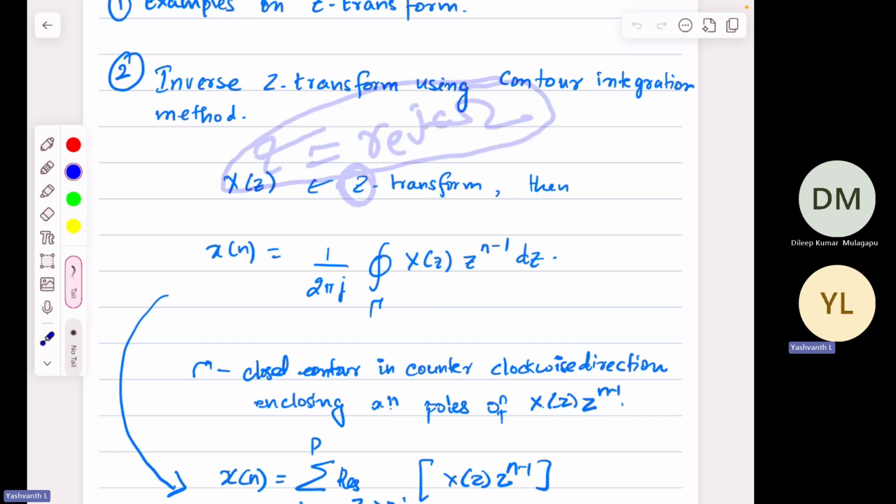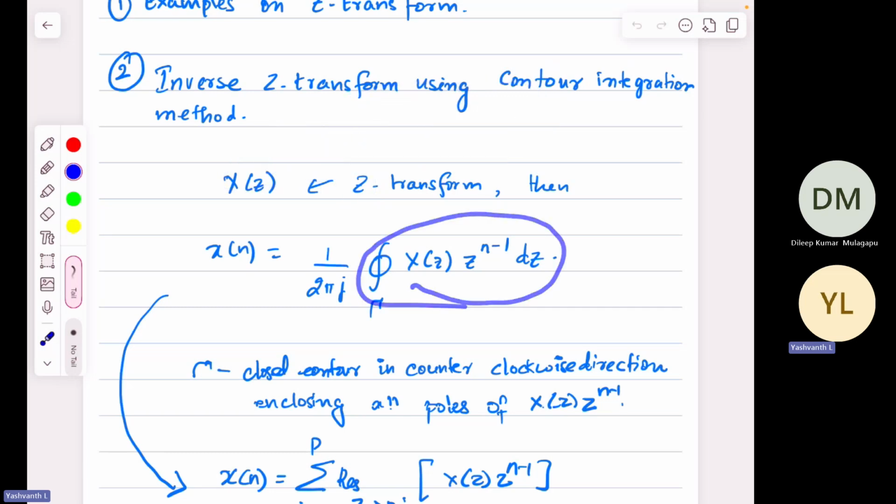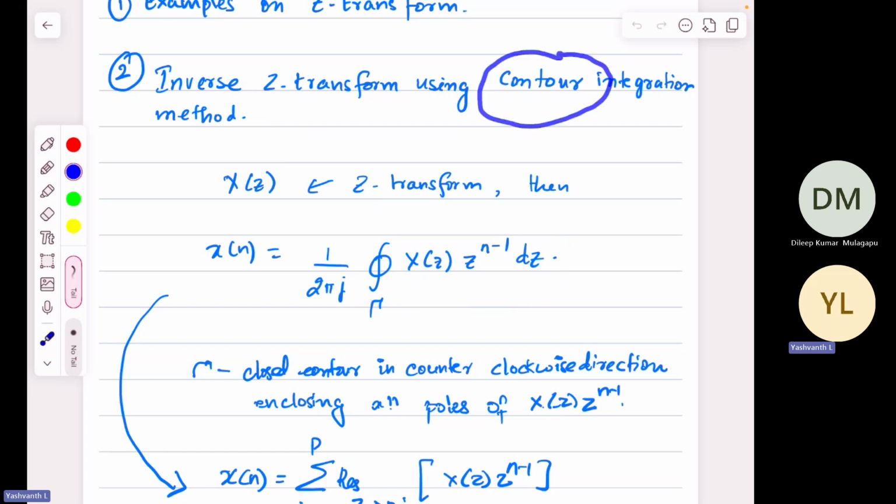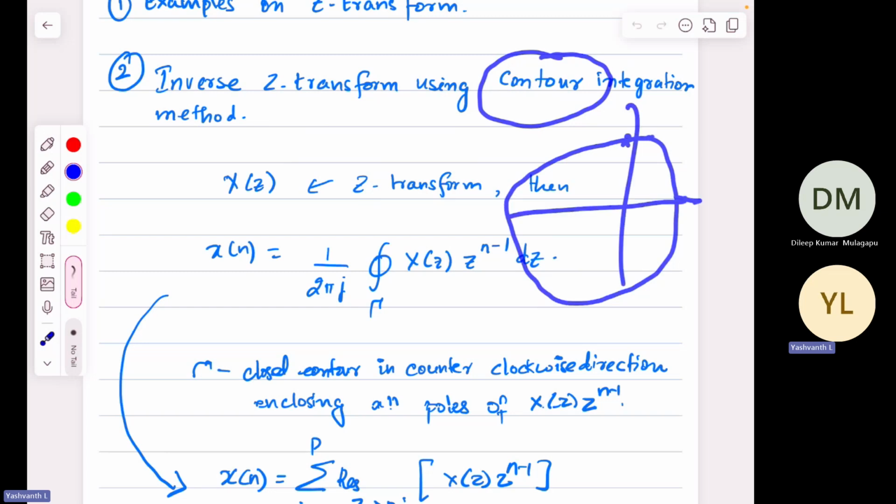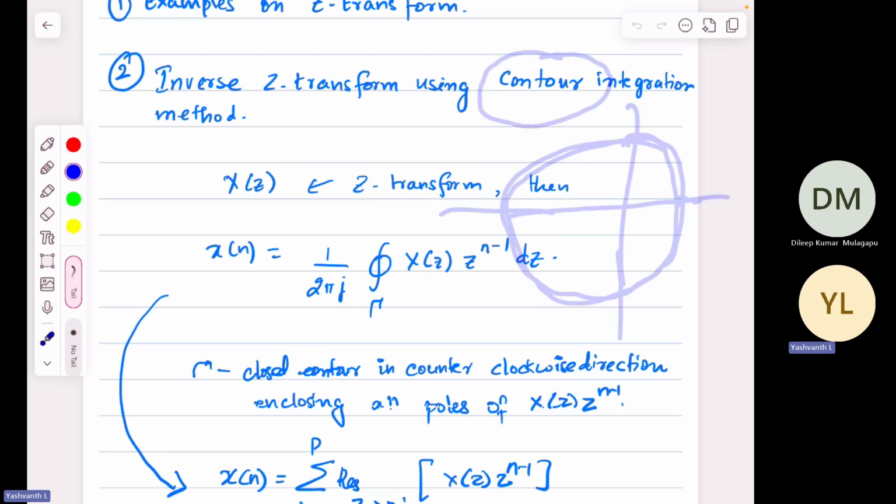So when you want to invert a Z transform, you essentially have to perform complex integration. Okay, and complex integration is not as straightforward as what we do in real integration. In complex integration, you have to choose something called a contour. Contour is basically some kind of a shape that you choose on the complex region, and you want to integrate along that particular path or shape. So that's called contour integration.